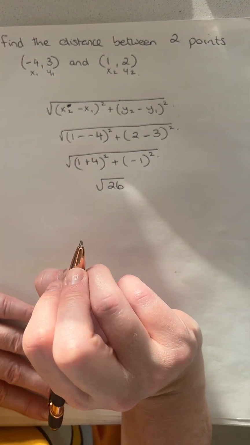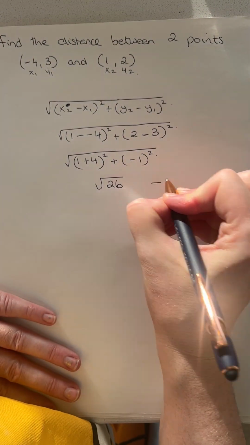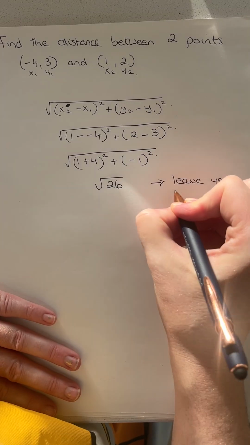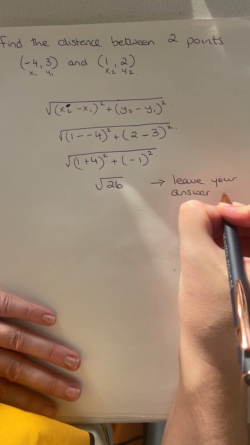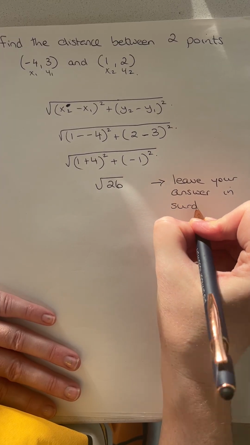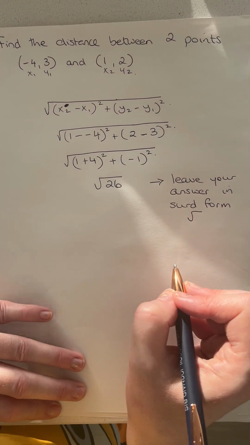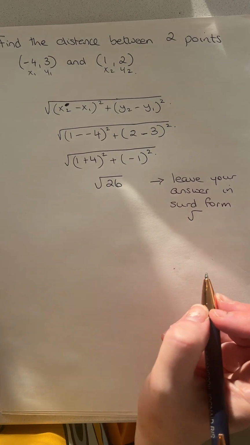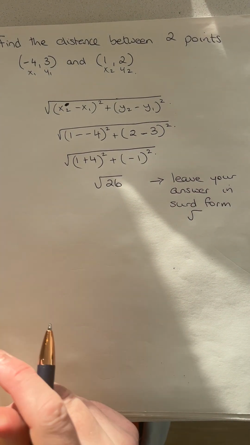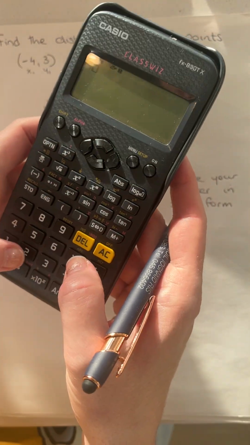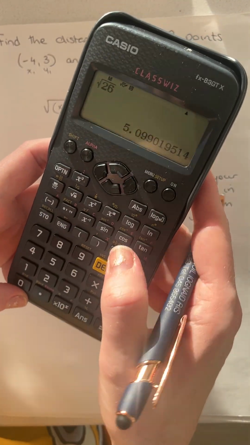So you can leave it like that. They might even tell you to. They might even say something like, leave your answer in surd form. So that just means there's a root in it. Or they might ask you to give your answer to 2 decimal places. So in that situation, that's fine.